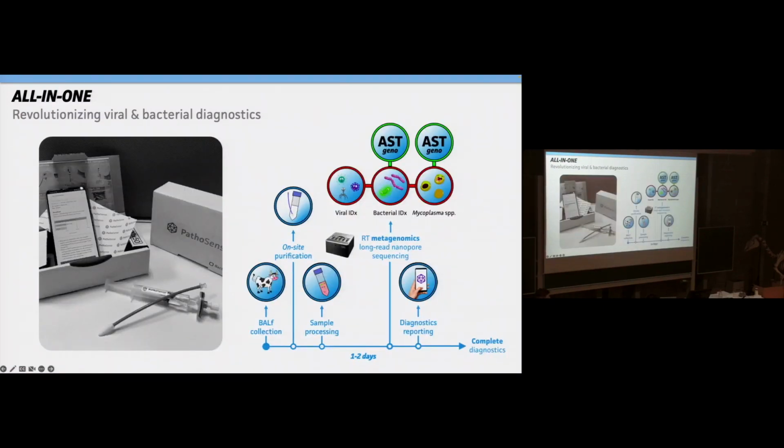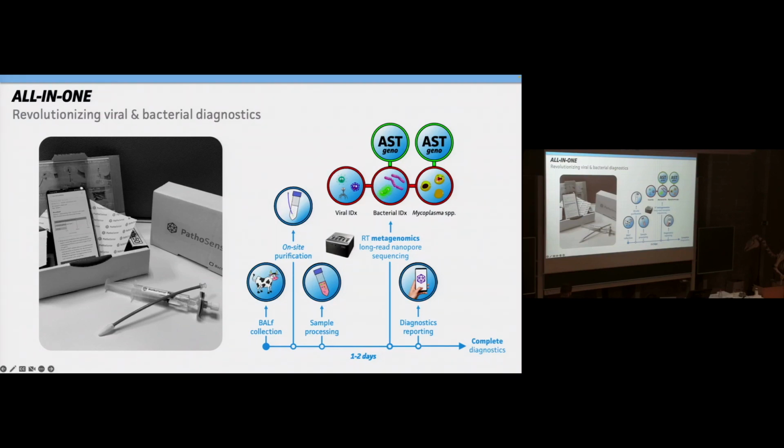In one diagnostic test, that's why we developed, and actually Pathosense was founded in 2020, a spin-off company of the university, in which we want to use the sequencing, in this case the nanopore sequencing, to actually look at the total picture. Not only target one specific pathogen, but really look at all viruses, all bacteria, and also the difficult ones, the ones that we can't grow, the mycoplasmas.